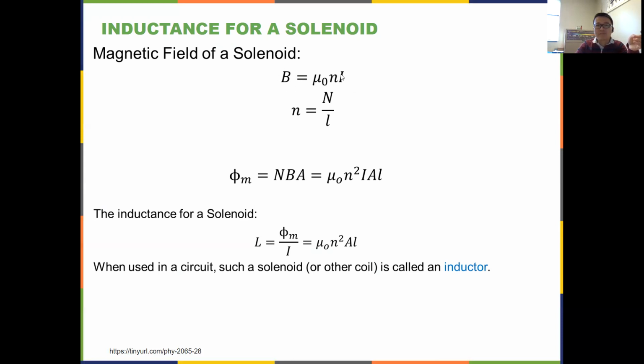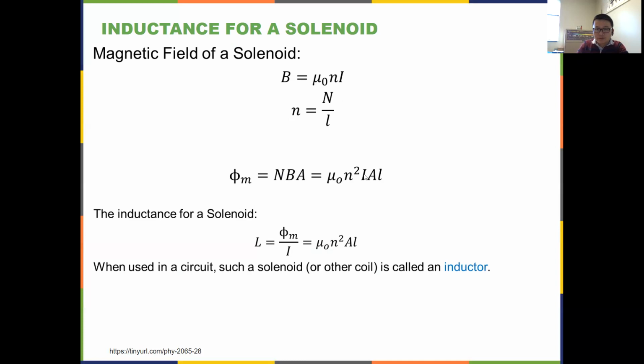We learned previously that B equals mu naught n times I, where n is the number of turns per unit length, so the total number divided by the total length. Then the flux will be equal to N turns times B times A. So small n times l will be capital N. N times B gives mu naught n squared I, and then times A, and then there's an l.